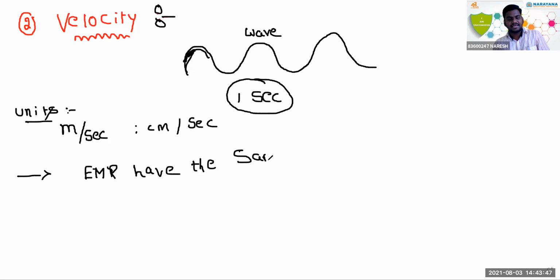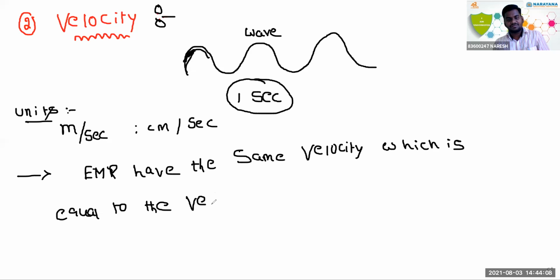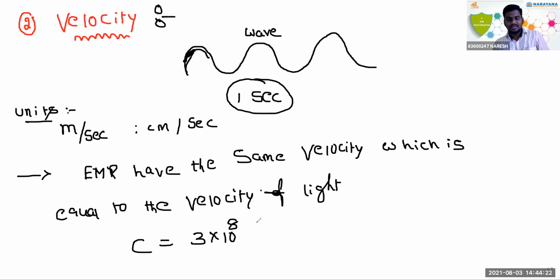What are electromagnetic radiations? X-ray, UV, IR, these kinds of radiations, EMR. All of them have the same velocity, equal to the velocity of light, the speed of light. C is equal to 3 into 10 to the power 8 meter per second, or meter second inverse.